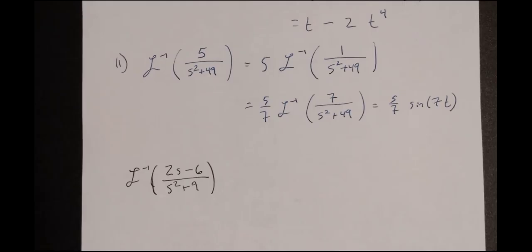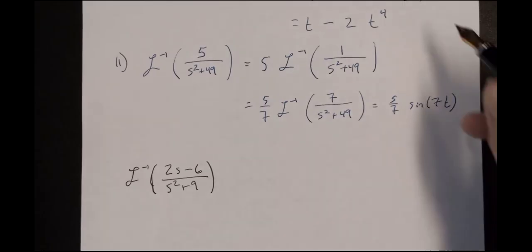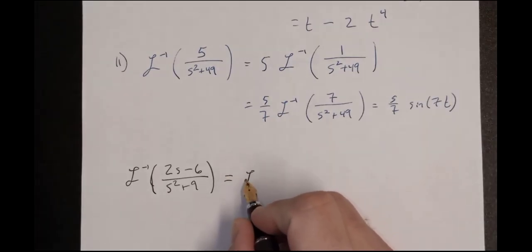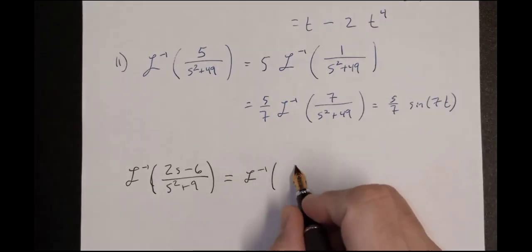How am I going to take care of this? I'm going to split it up into 2 separate fractions. The 2s over s squared plus 9 and the minus 6. So they're just going to be split apart, just like we did with the t and the 2t to the 4th up here. I'm going to use my linear property.